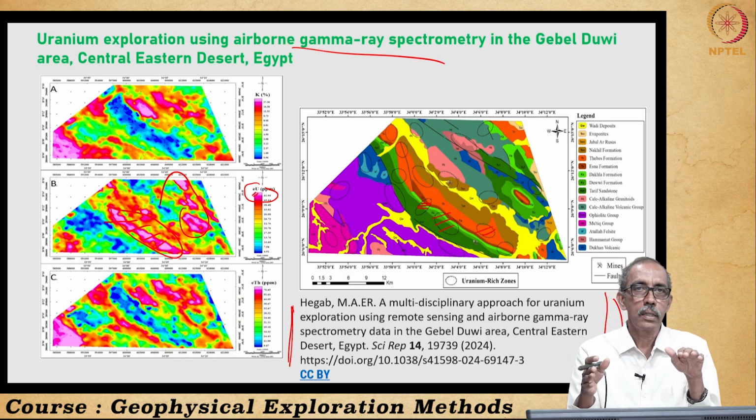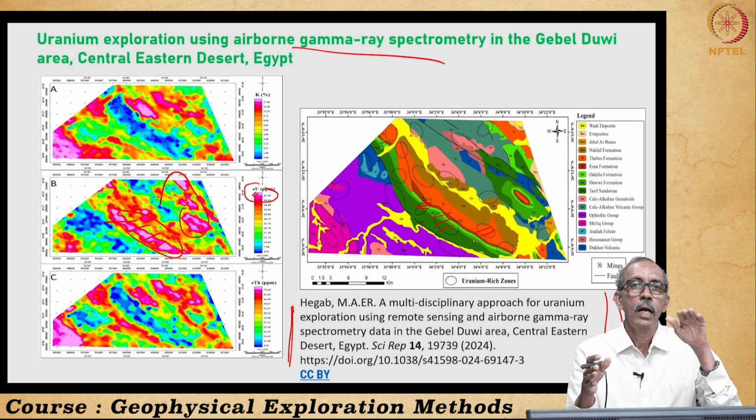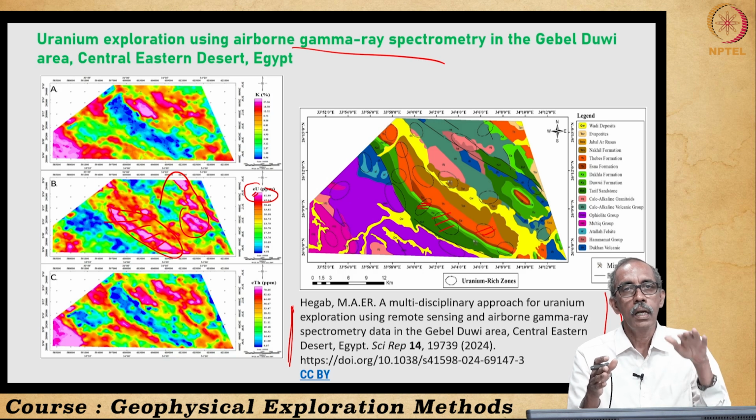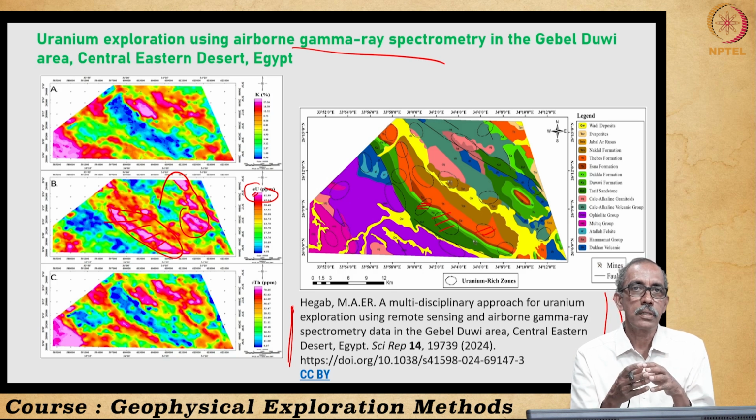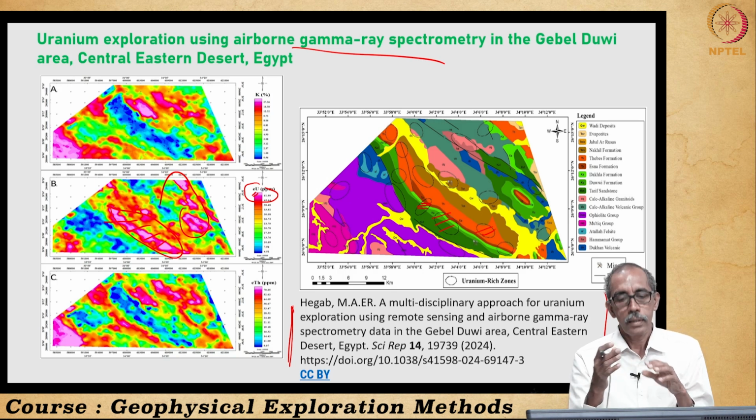So, radioactive methods are useful in understanding the changes in the rock types in geological mapping and identifying radioactive mineral bearing deposits, especially uranium bearing deposits, and also to map water content based on the presence of neutrons. Thank you very much.